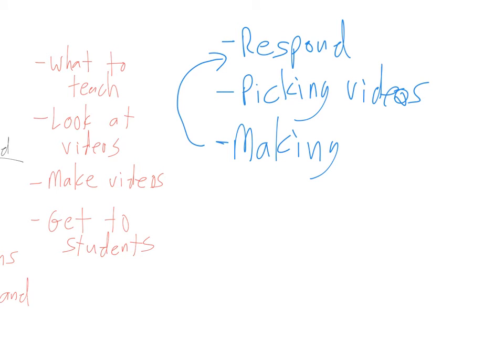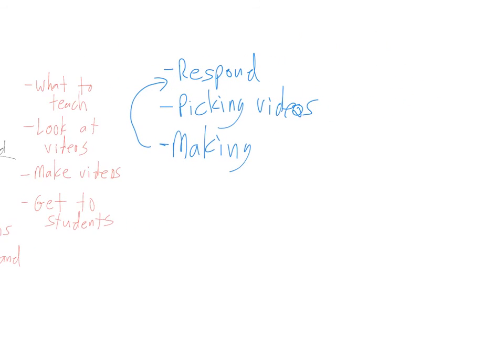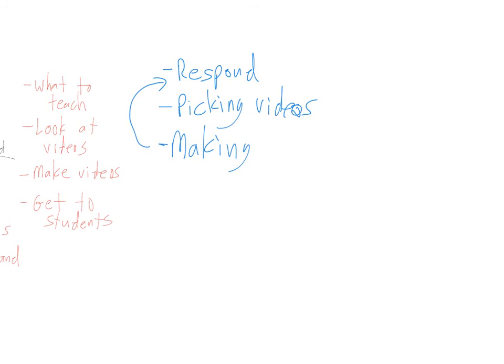So in my professional opinion, based on doing this, I would say making your own videos is more important than picking them. So responding to the videos and making the videos would be the first 2 chapters, and then maybe picking videos, because sometimes you can't make them, would be in the next chapter. Again, I'm looking at my ranked list, and then respond, picking, making, sending to students.